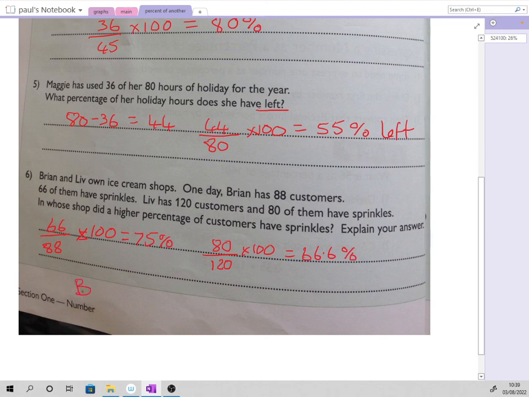Brian, because 75% is greater than, stating the obvious here, Liv at 66.6%. They haven't asked us to work out the difference, so that's all we need to do for that.